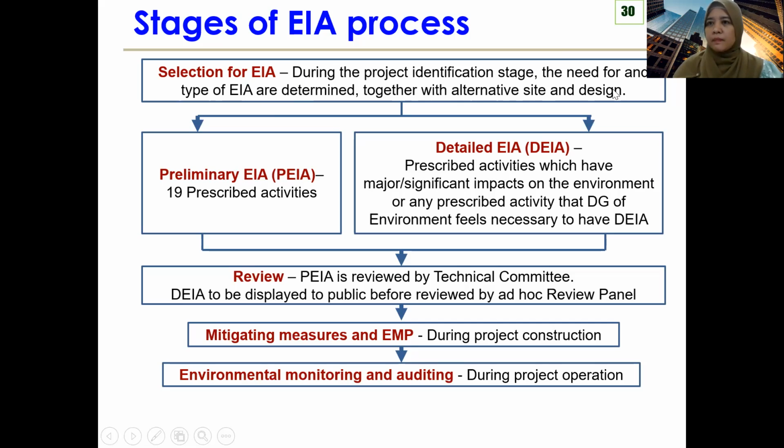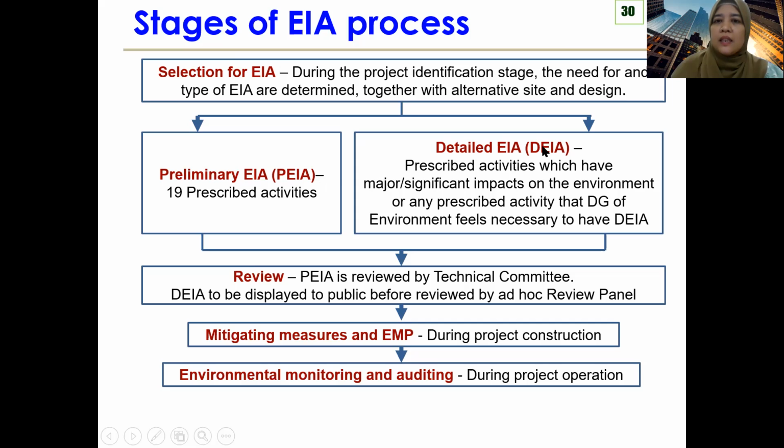First of all, you decide, okay, we want to build a petrochemical refinery at this site. Is there another site available? Then you do the selection for EIA. So for preliminary EIA, you look at the 19 prescribed activities.